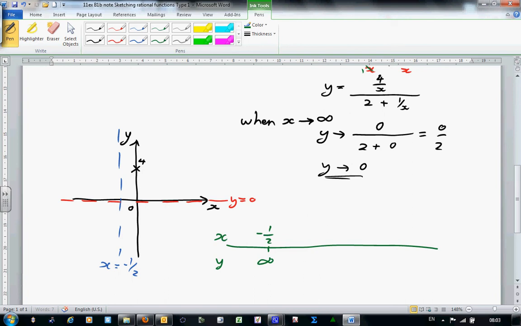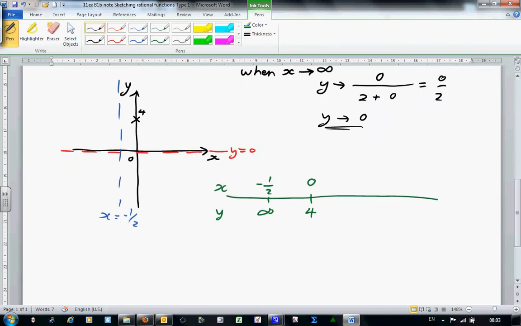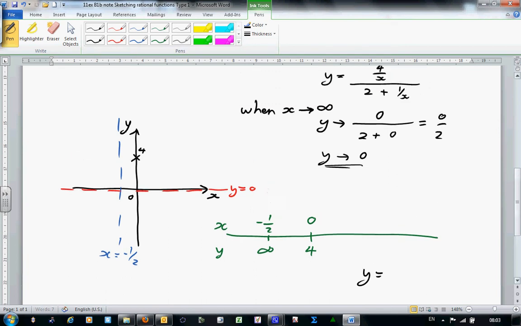When x is bigger than 0, let's write out our function again, which I've done, 4 over 2x plus 1. Okay, and we're going to look at when x is bigger than 0, which is this section along here.